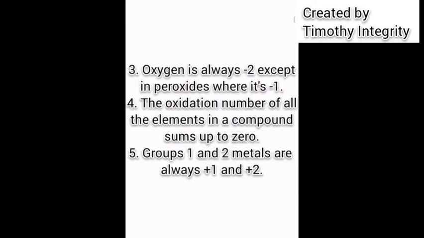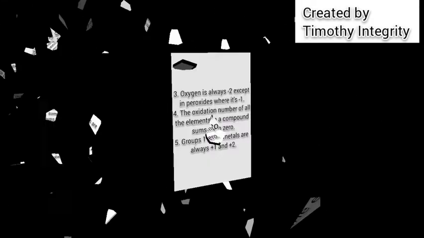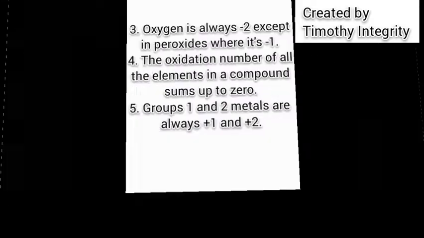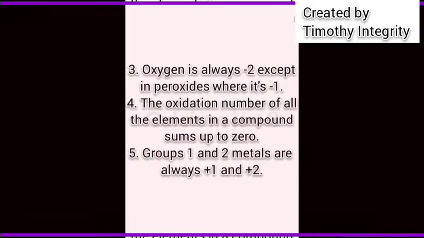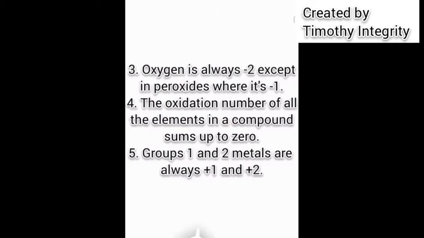And the fifth rule says that group 1 and group 2 metals always have oxidation states of +1 and +2. So sodium and potassium ions have oxidation states of +1, calcium and magnesium +2. And then aluminum in group 3 is always +3.